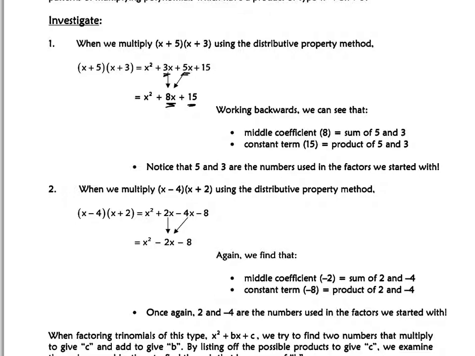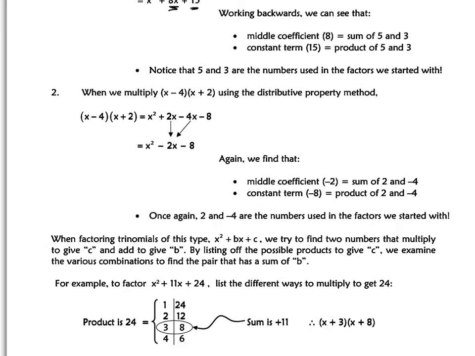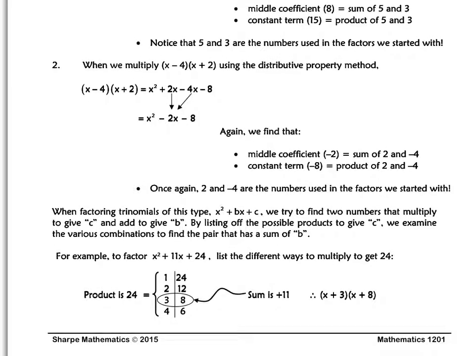So if we go on to the next example and see does that same kind of pattern show, we see that it does, because if you multiply out x minus 4 by x plus 2, you will end up with x squared plus 2x minus 4x, which are two numbers that add to give you the middle term of negative 2x. And when you multiply 2 and negative 4, you do get that last term of negative 8.